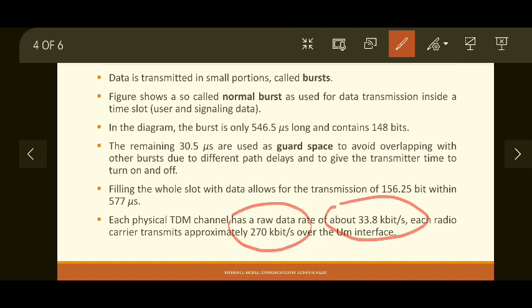So the user data rate is only 33.8 kilobits per second. That is in the first version of GSM, the second generation of mobile communication system. When it was introduced, this was the data rate achieved for user data transmission. Later on, as the technology evolved, the data rate was increased, which we will see later on.